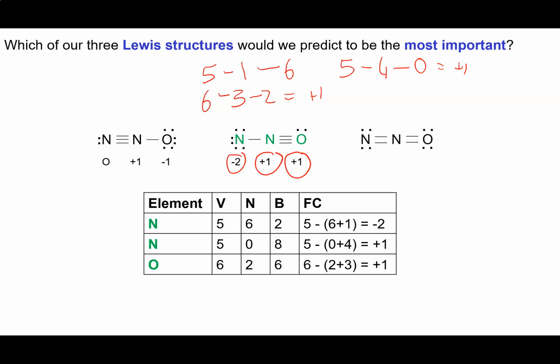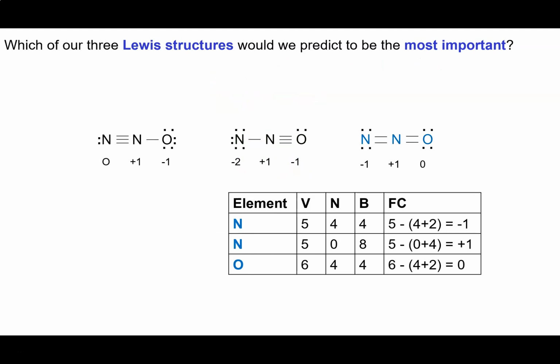Now I move on to the third one. Nitrogen on the end there, 5 minus 1, 2 bonds. So bonding electrons on 2 is going to be 2 minus 1, 2, 3, 4 bonding electrons. 5 minus 6 gives me minus 1. Okay, and then the next nitrogen, 5 for the group number for the valence electrons. 1, 2, 3, 4 bonds.